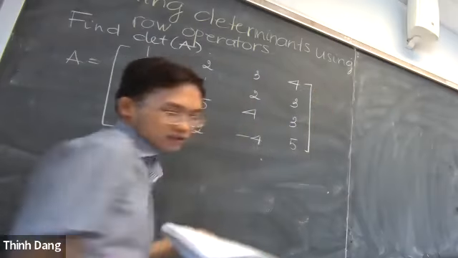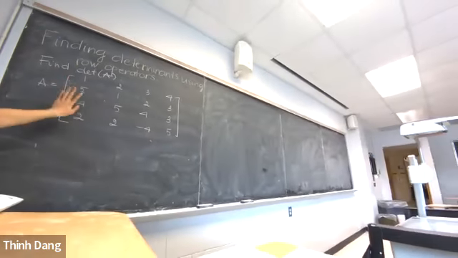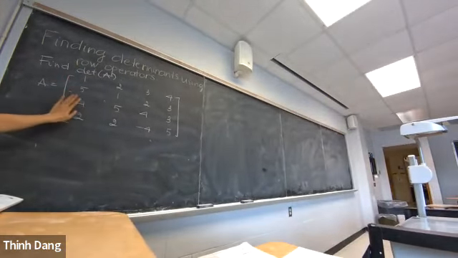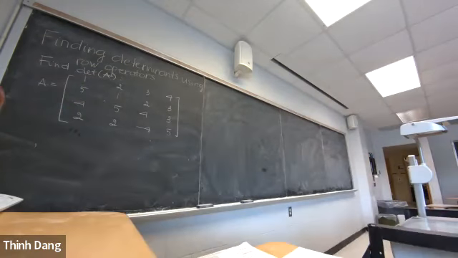As you can see, none of the entries in this matrix are zero. If you immediately use the definition, the Laplace expansion, to find the determinant of this matrix, it is possible, but it will be very tough because a lot of determinants are waiting for you to calculate, right?